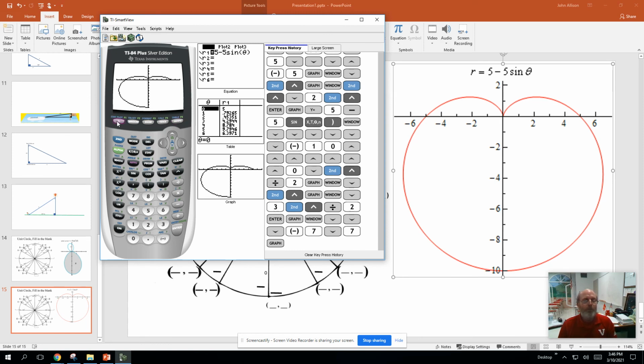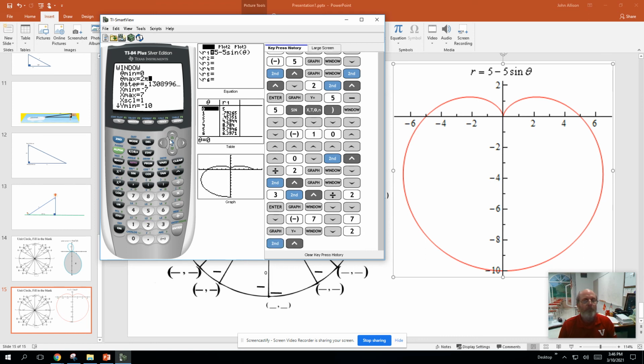And now if I go all the way to 2 pi, you'll see that it makes the complete graph. So I'm going to go theta min 0 to theta max 2 pi and hit graph. And you'll see the entire region.